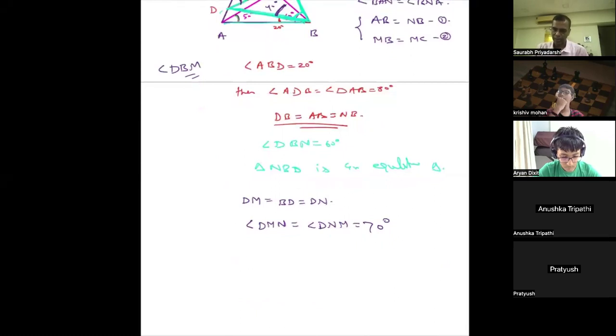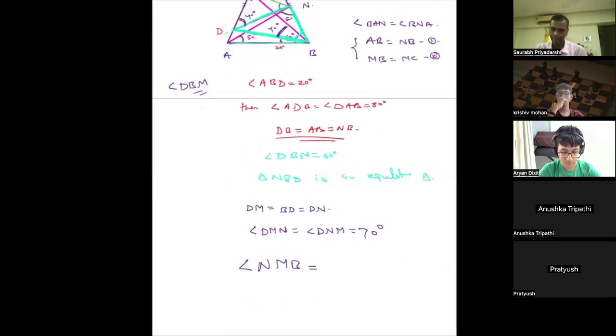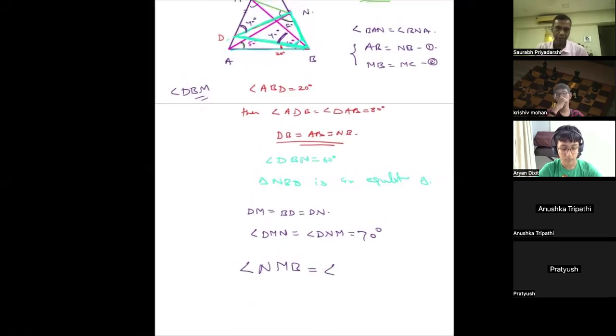So angle NMB is nothing but angle DMN minus angle DMB. Can you check this? This was 70 degrees, minus this angle, which we have already found is 40 degrees. So 70 minus 40 is 30.